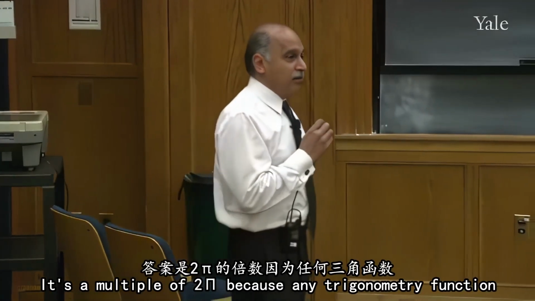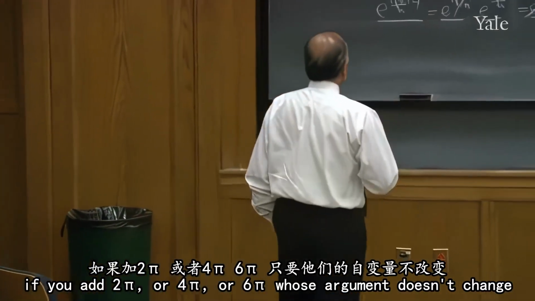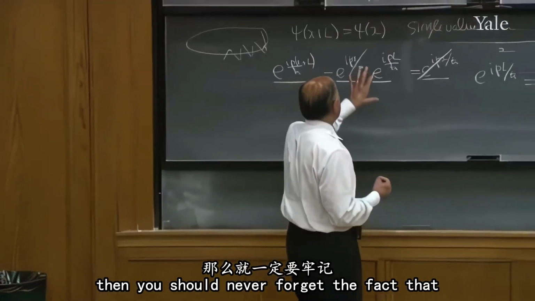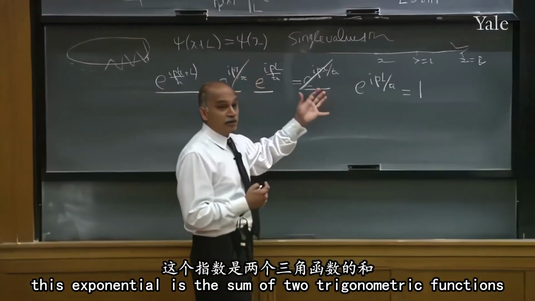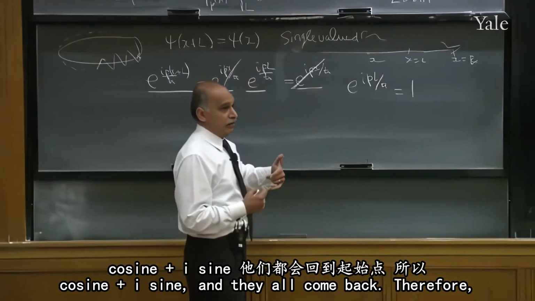Okay, good. It's a multiple of 2 pi because any trigonometric function, if you add 2 pi or 4 pi or 6 pi to its argument, doesn't change. And you should never forget the fact that this exponential is a sum of two trigonometric functions, cosine plus i sine, and they all come back.